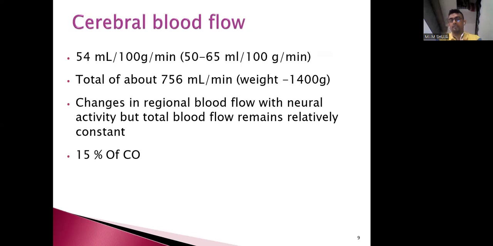In another instance, 750 will go to the brain, but the cerebral cortex may get 400. Depending on the neural activity, the regional blood supply varies within the brain, but the cerebral blood flow is relatively constant.